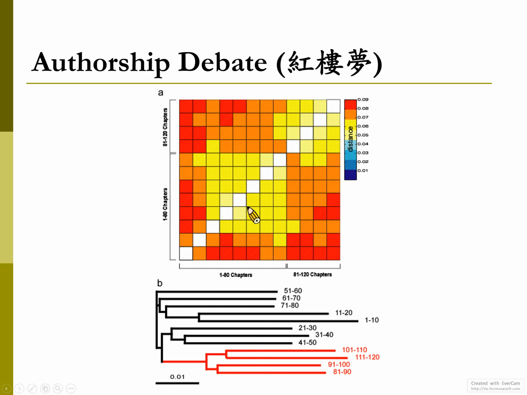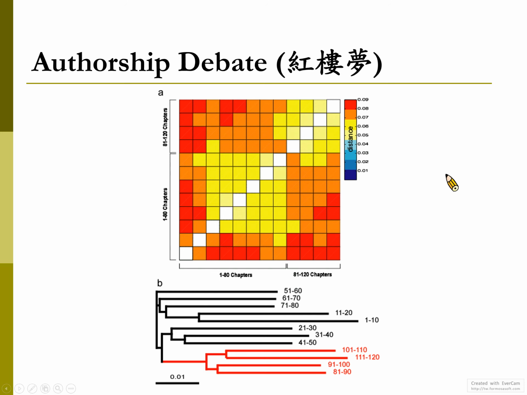So if we divide all 120 chapters into groups of 10 chapters, this is the first 10 chapters, the second 10 chapters, and so on until the twelfth group of 10 chapters. Then I calculate the pairwise distance between these groups and do the cluster analysis. So this color represents the distance between two groups of 10 chapters.